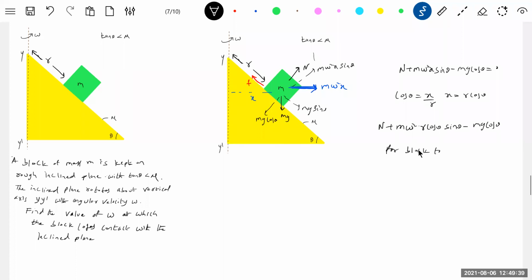For the block to lose contact, N must be 0. m gets cancelled, so g, and cos theta also gets cancelled. So this should be the angular velocity.